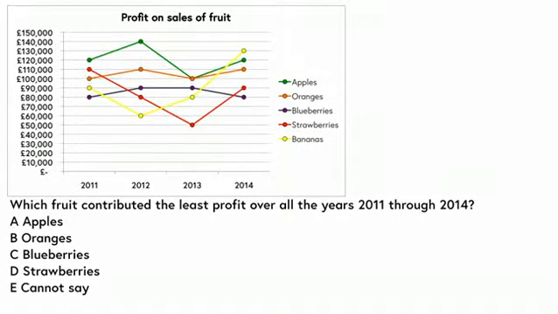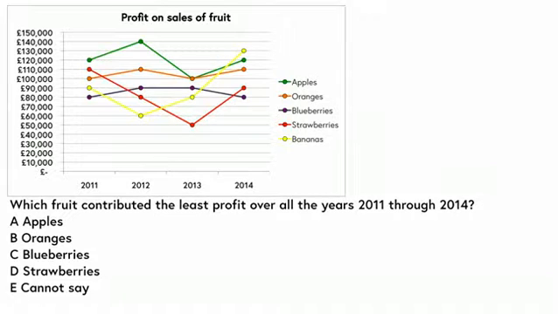To understand the data better, you may like to ask yourself other questions. For example, which fruit in which year achieved the maximum profit over all years? Apples in 2012, and the least? Strawberries in 2013.